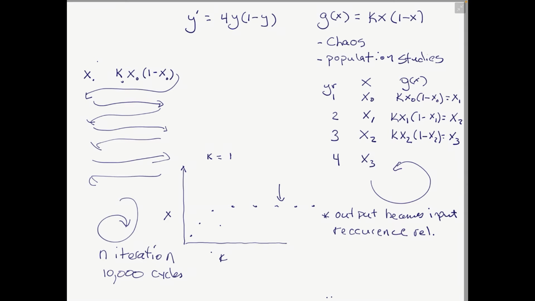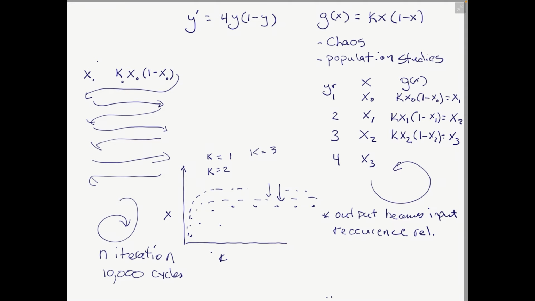Now you vary k again, and it'll do the same thing. It'll initially have a few points and then flatten out to another value. And then k3, and again, it does this and then flattens out to another value.